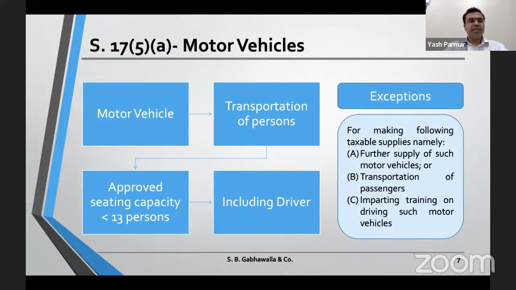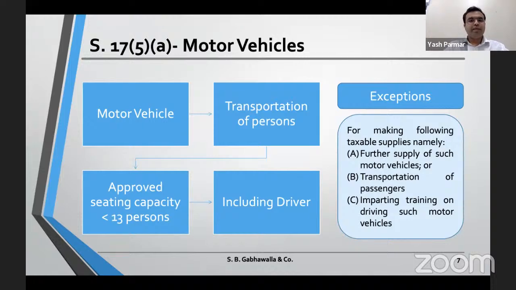However, we have three exceptions to this particular clause. The first one being that if this particular motor vehicle is further supplied as it is, then ITC will not be blocked. If this motor vehicle is used for making further taxable supply of transportation of passengers, then ITC will not be blocked.